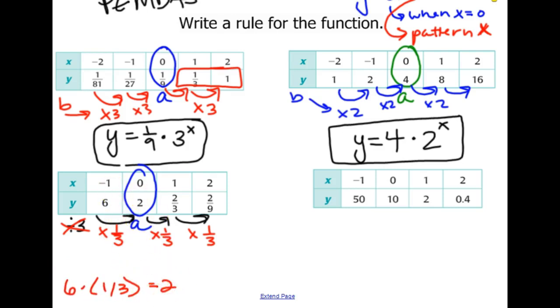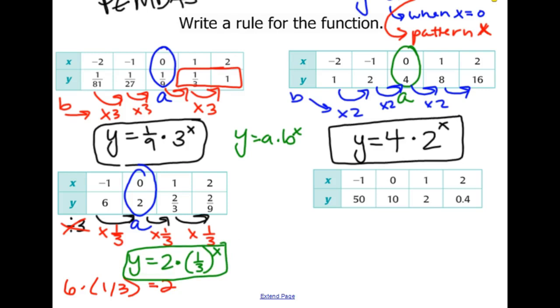It should. So our equation will read y equals a times b to the power of x. A is 2 times b, which is 1/3, to the power of x. Last one here, a is when x is 0, a is 10.